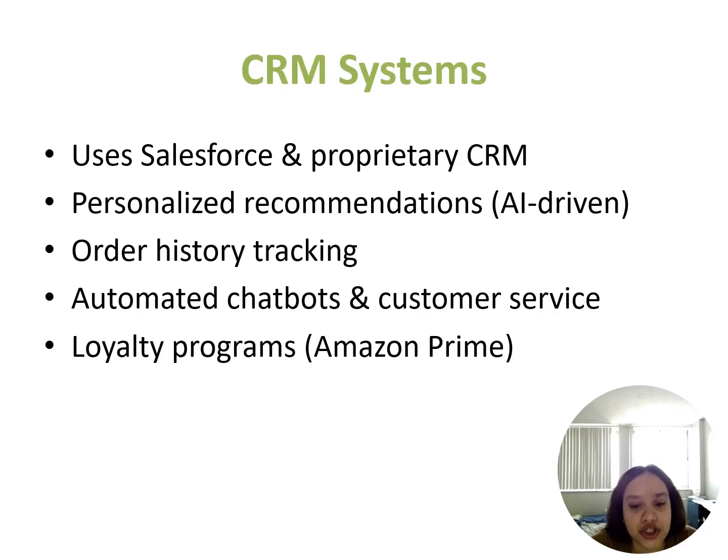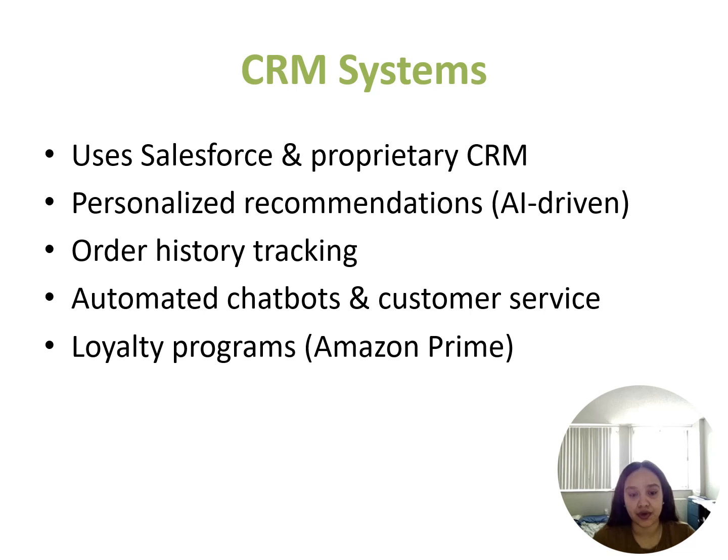Then next, moving on to the CRM system. What is CRM? It is customer relationship management. Amazon has a very good CRM system installed, so that they can do a lot of marketing along with it. They can give good customer service.